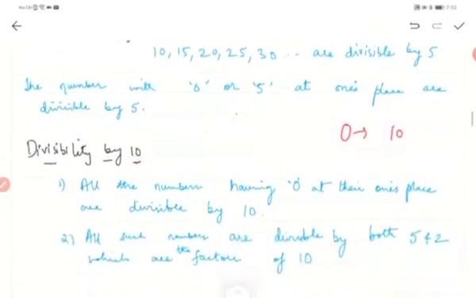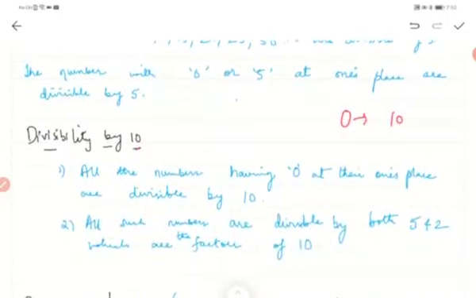Whenever this point is also important: the number which is ending with 0 or 5 at units place, you can say it is divisible by 5, isn't it? And the number which is ending with only 0 at units place, you can say it is divisible by 10. So what does this mean? What about 2?